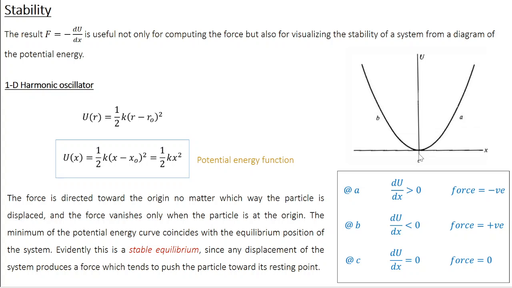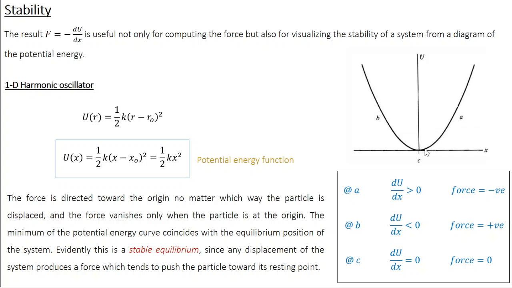From the potential energy graph, you can note that the minimum of the potential energy curve coincides with the equilibrium position of the system. Equilibrium position is x = 0, and we have seen that for this case, x0 = 0. So always in this kind of system, at the equilibrium position, your potential energy is going to be minimum.